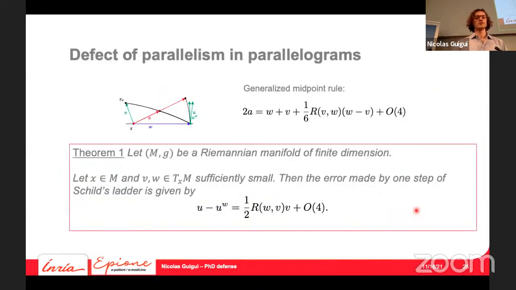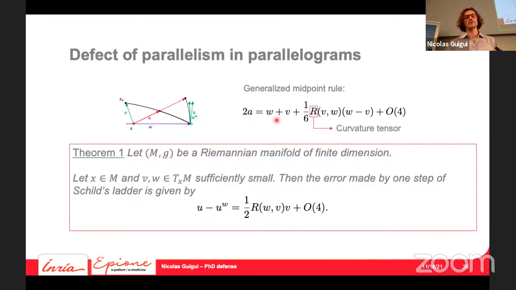So my first contribution to this field was to characterize the defect of parallelism in parallelograms by generalizing the midpoint rule. Namely, by using Taylor approximations of the exponential and logarithm maps, we can compute an approximation of the vector A that maps to the midpoint between x_v and x_w. And it is indeed the middle between v and w.